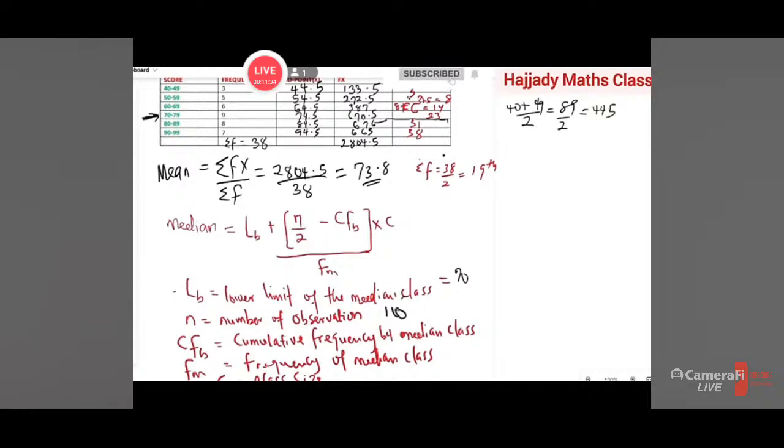And the cumulative frequency before the median class. Since this is our median class, the cumulative frequency before it is 14.